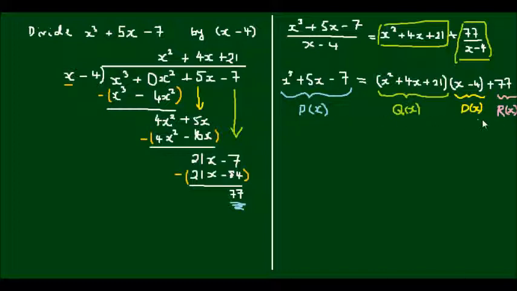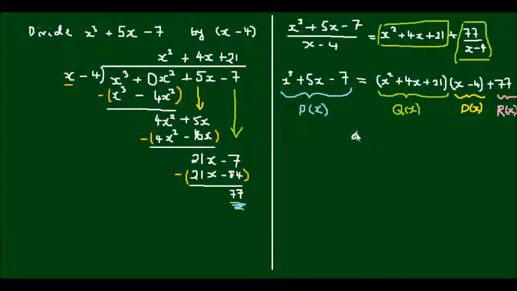All of these can be functions of x, but it's important to note that the degree of the remainder will be less than the degree of the divisor. So in this case, r of x is a 0th degree polynomial, so it's just a constant, and d of x is a 1st degree polynomial because the power of x is 1 and it's a linear expression.